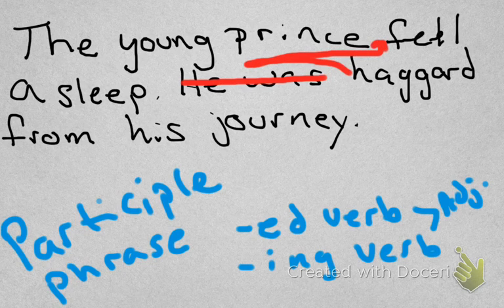Okay, I can make it a sentence interrupter. So that's this up to there. And I'll move it up here and make it as an interrupter. So now, instead of having the young prince fell asleep from his... Okay, he was haggard from his journey, so I'm having two sentences there. I can actually create one sentence.